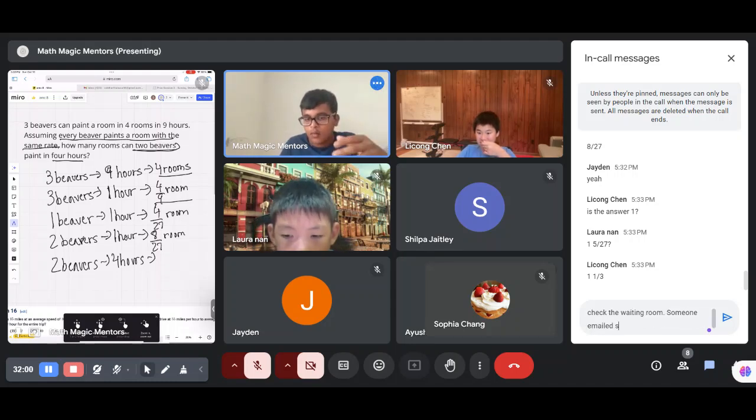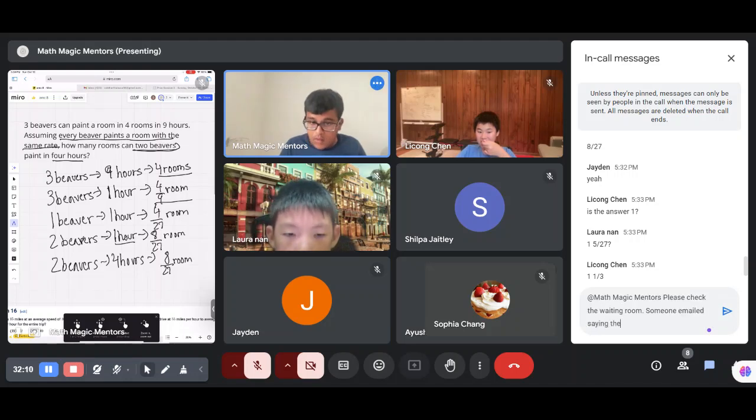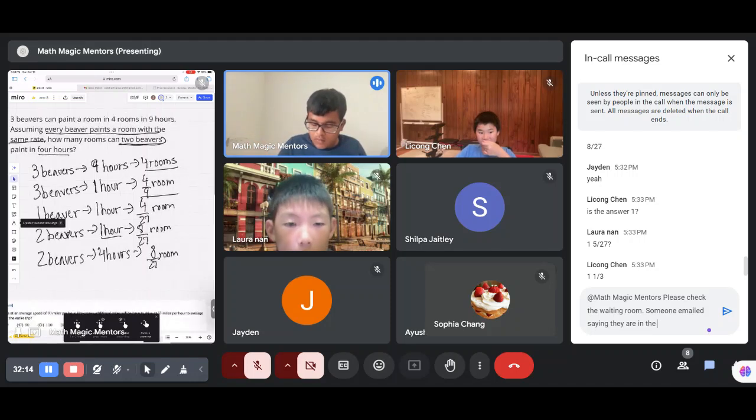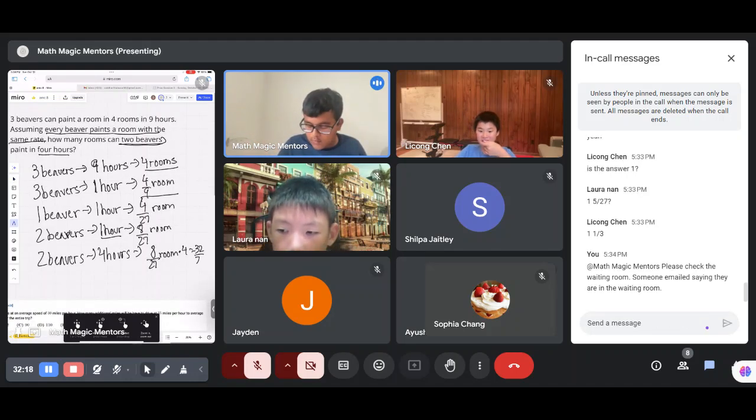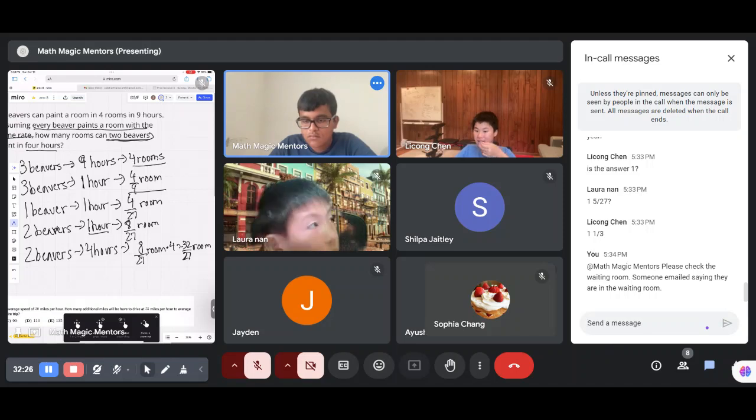It's 1 and 5/27. Because you have 8/27th of a room, which is done in 1 hour, but now you have more time to paint more rooms. So you just multiply that by 4 to get 32 over 27 of a room. Does that make sense?